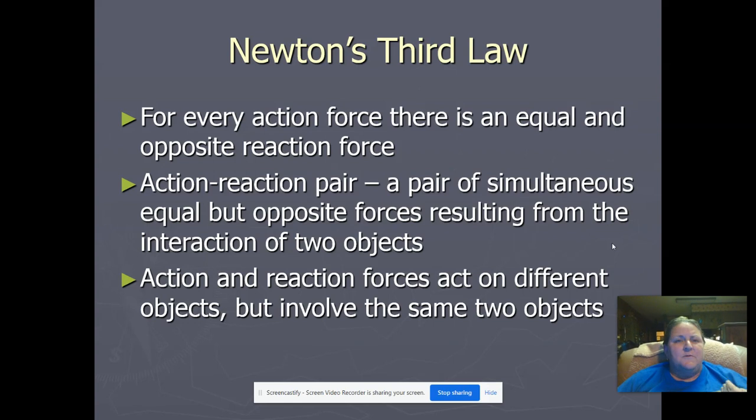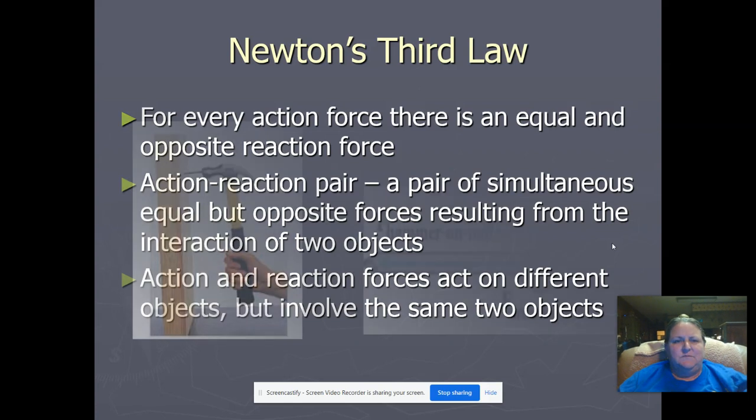If my force was greater than the wall, I would go through the wall. If the wall's force was pushing greater than I'm leaning, I would topple over. Okay? Opposite but equal. I'm leaning on the wall, the wall is pushing back, opposite but equal. It's an action-reaction pair. So opposite but equal.